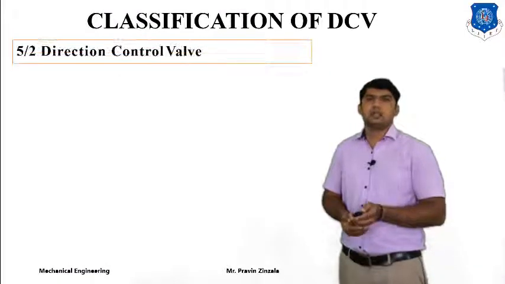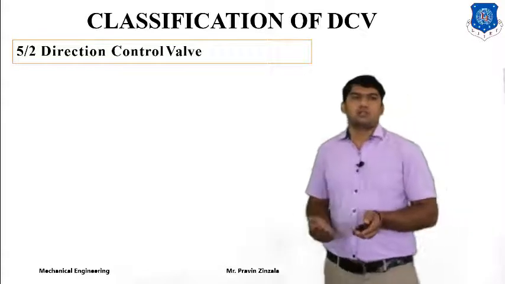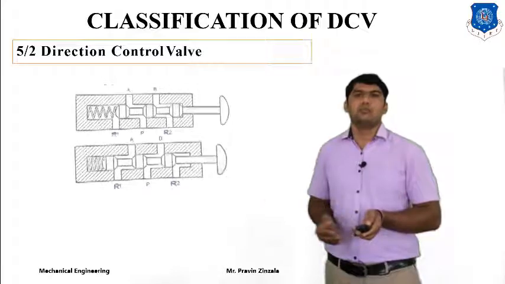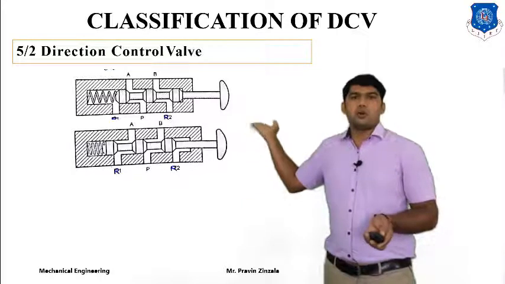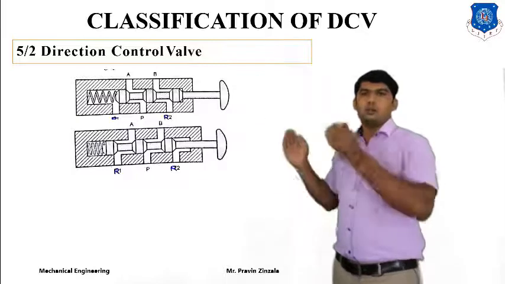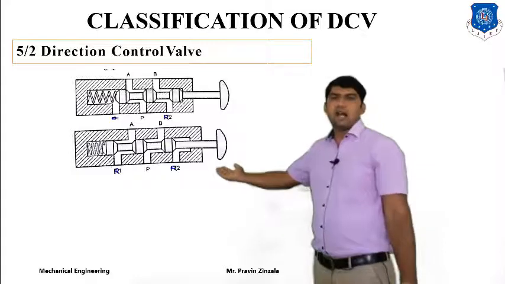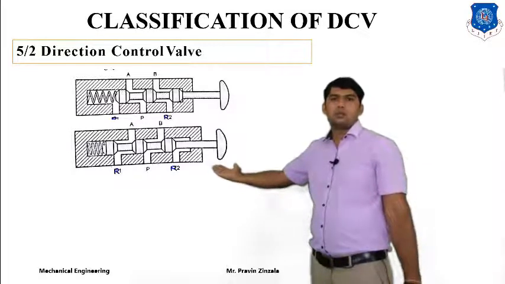Next example of a direction control valve is the 5 by 2 direction control valve, and it is generally used in pneumatic systems, because in the 5 by 2 direction control valve there are 5 ports and 2 positions. Compared to the 4 by 2 direction control valve, here there are 2 exhaust ports, R1 and R2. P is connected to the pump or compressor.